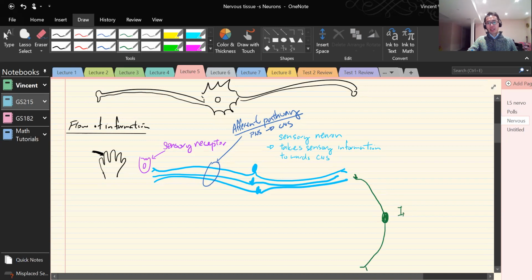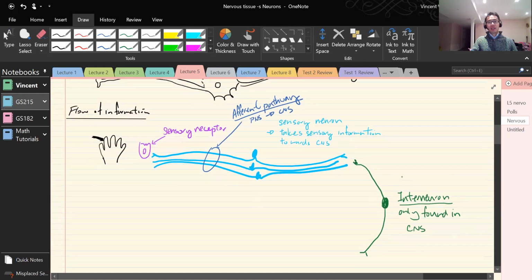So this is an interneuron. Interneurons are special because they are only found in the CNS, only in the brain or the spinal cord. It does the thinking.